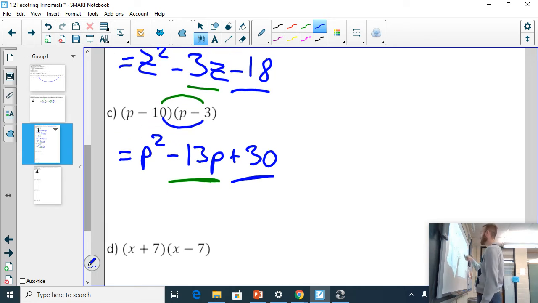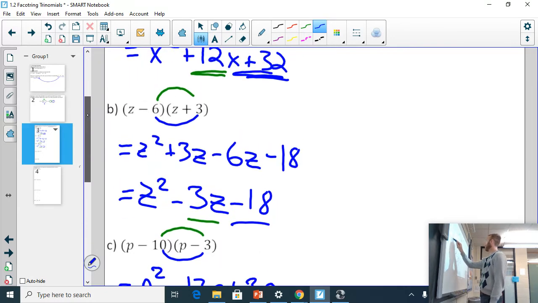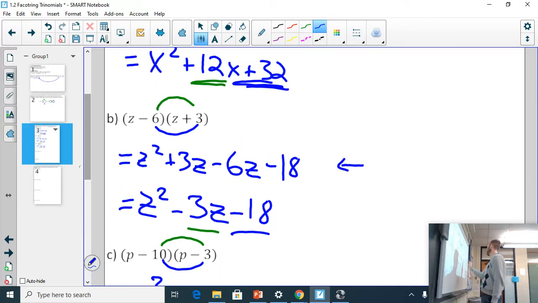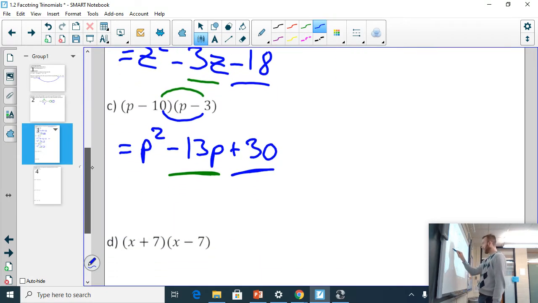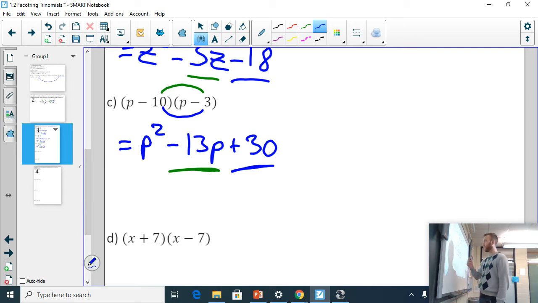But yeah, so maybe if we're comfortable with it, we could start jumping straight there without having to do this middle term. But that comes with getting comfortable. If you're not comfortable, go ahead and do the middle term. But it's going to be essential to understand how to go backwards with it.